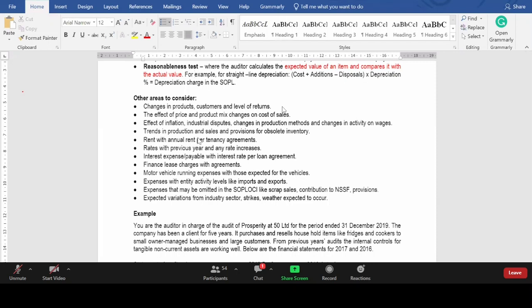Then you can also compare inflation in the current year with the previous year. For example, right now the inflation rate for the country is skyrocketing. What's the current inflation rate? Right now the inflation is around 5.5%.